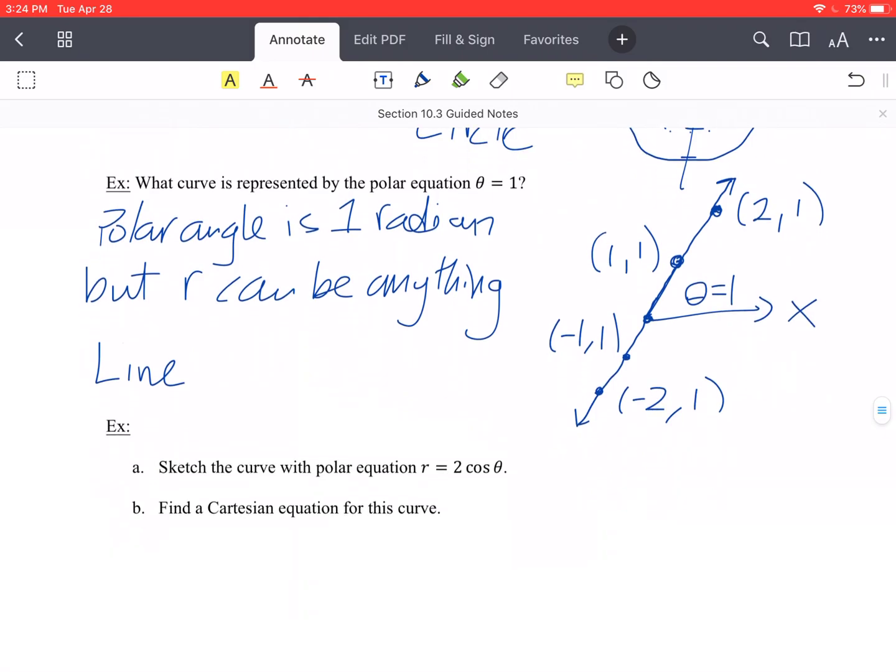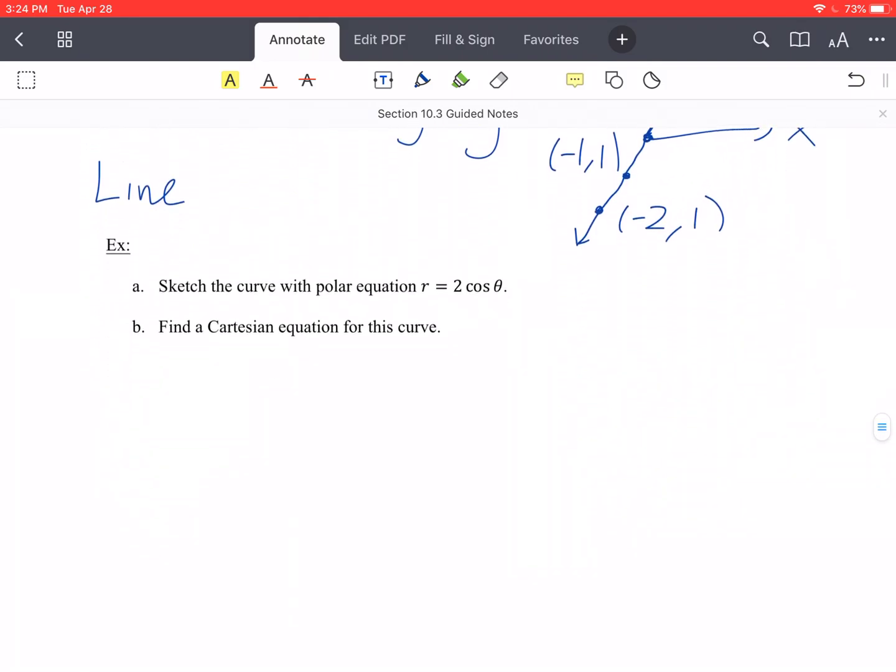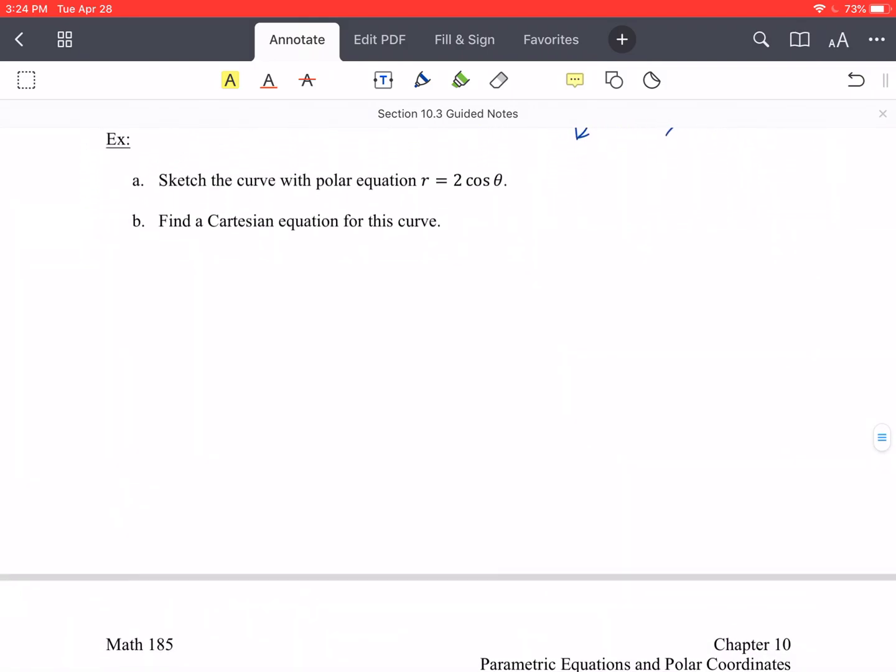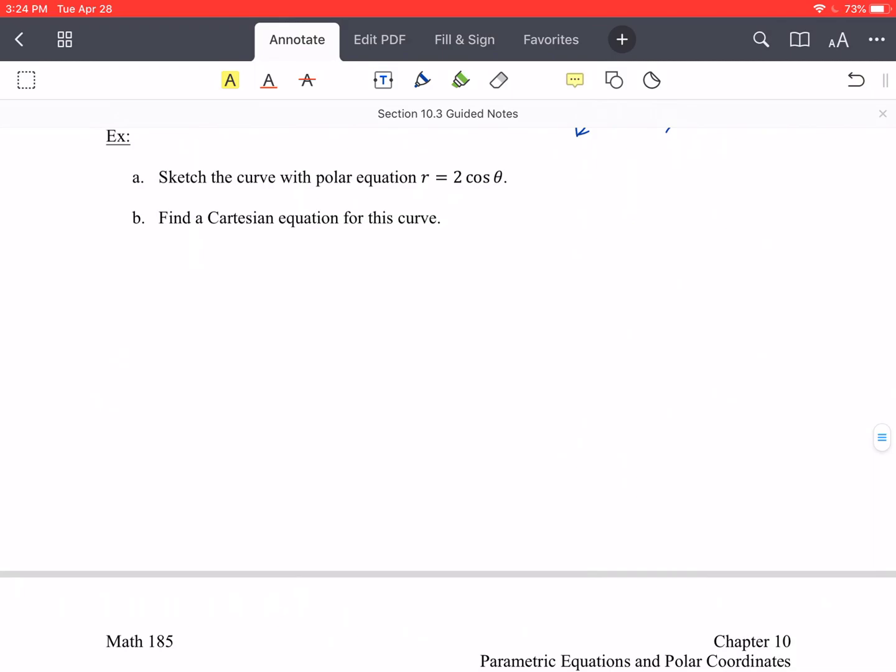All right. So next up, let's look at a little more complicated example. Sketch the curve with polar equation r equals 2 cosine of theta, and then find a Cartesian equation for this curve. So the first thing that we're going to do here is plot some points.